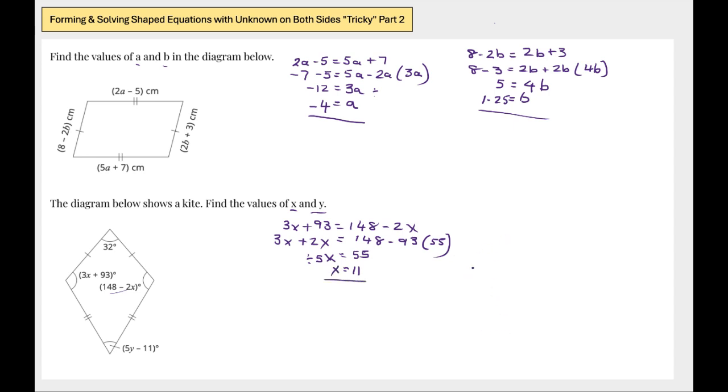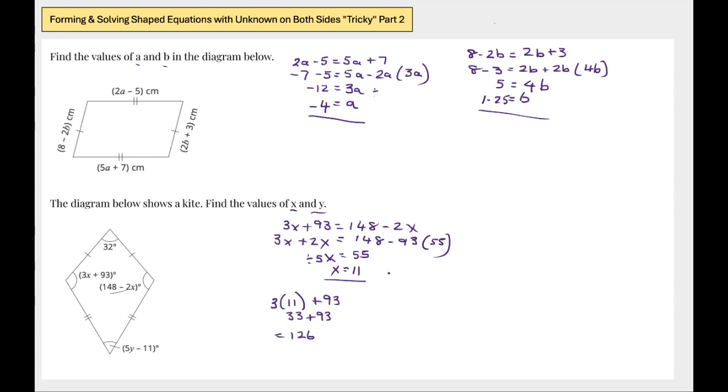So now I'm going to substitute that 11 into my expressions to find out our angles. So I've got 3x, I'm going to put 3 times 11 plus 93. So I've got 33 plus 93 equals 126. I'm going to do the other one.